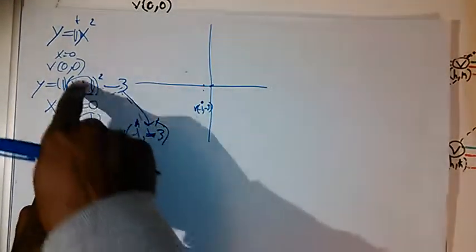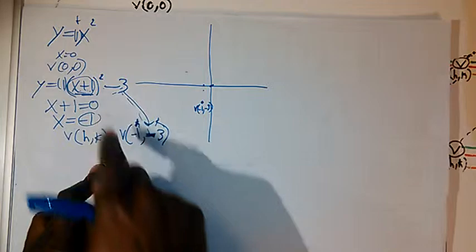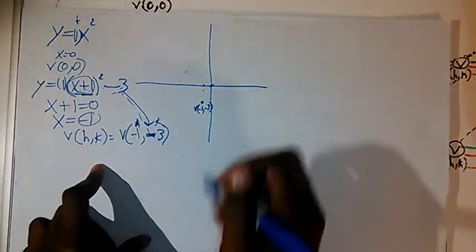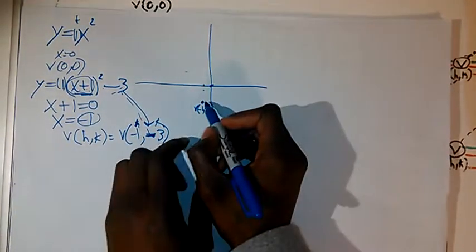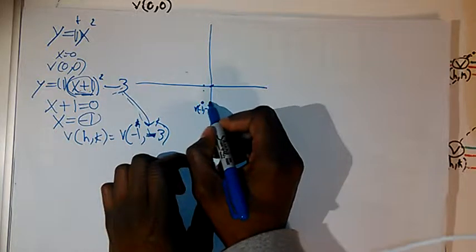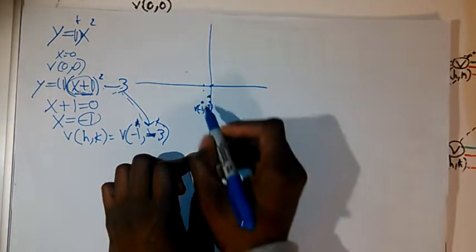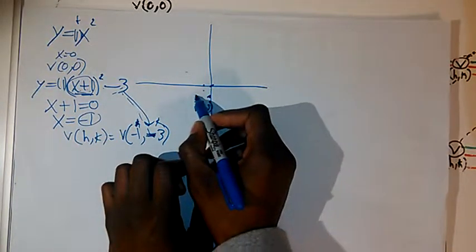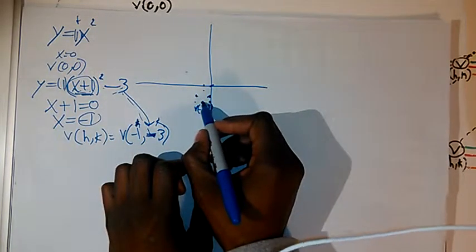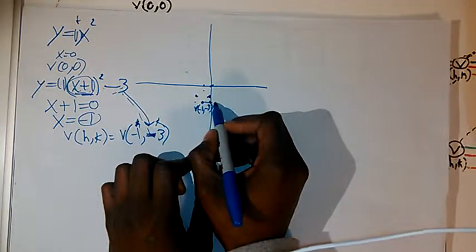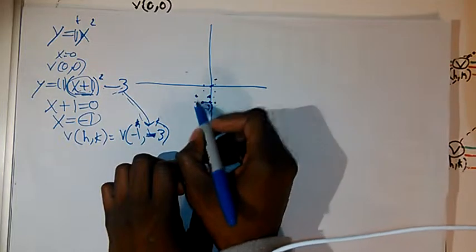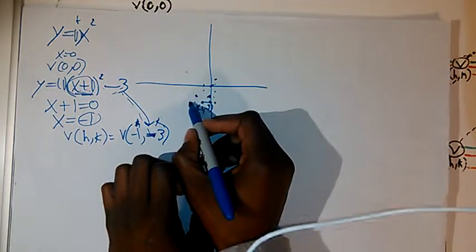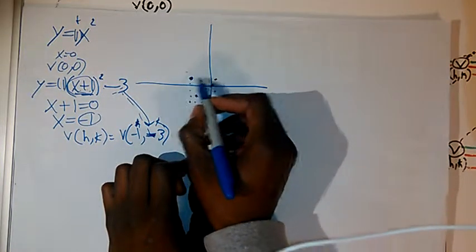So let's look at this. We started off with this function here. We got our vertex. Okay, we're here. That's our starting point. So we do exactly the same thing. We go over once, we go up once. That's where we start here. We go over twice, 1, 2. We go up 4 times, 1, 2, 3, 4.